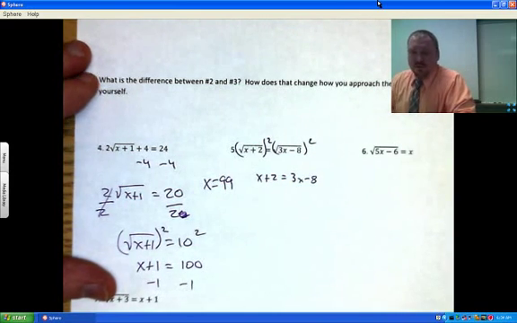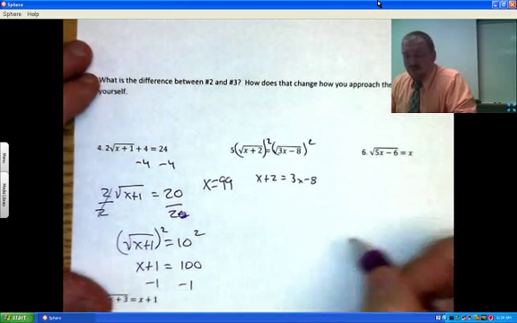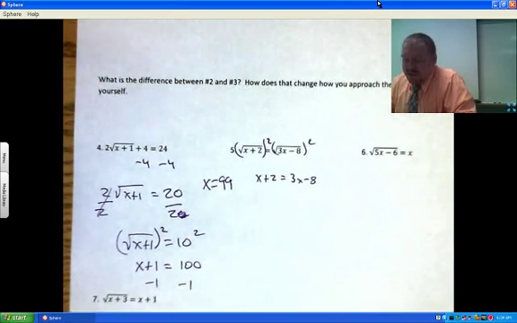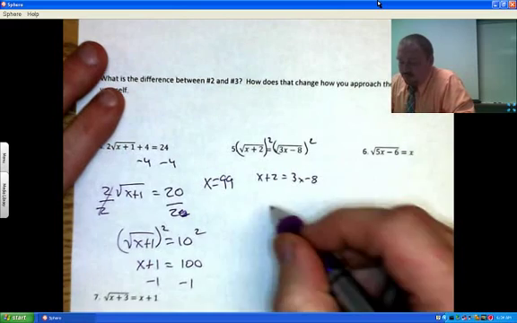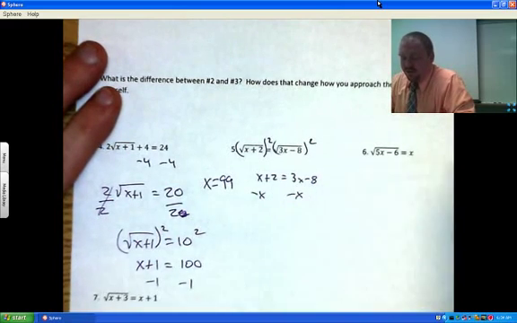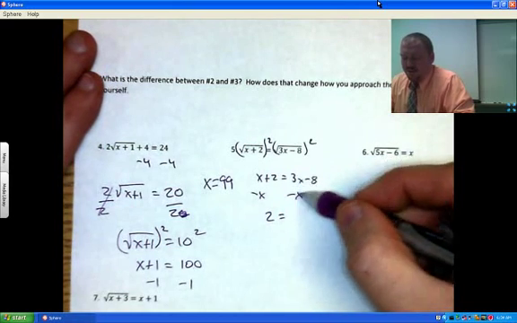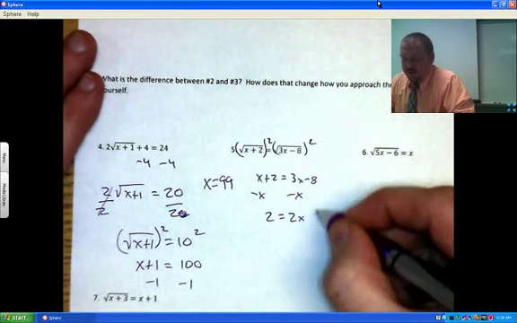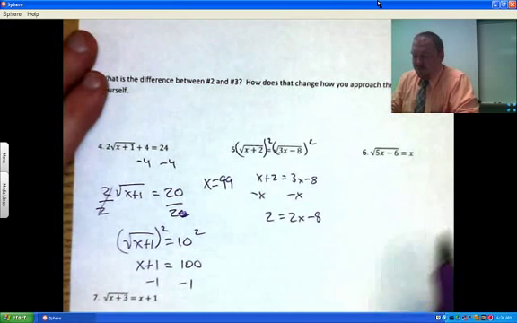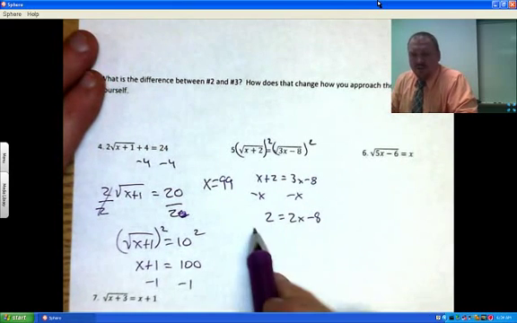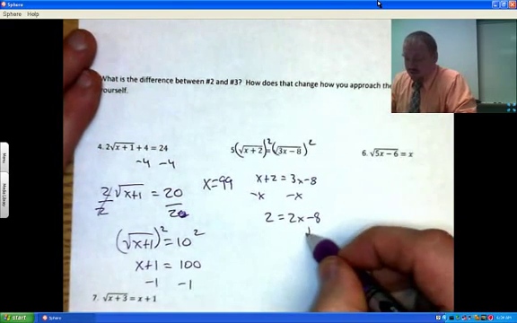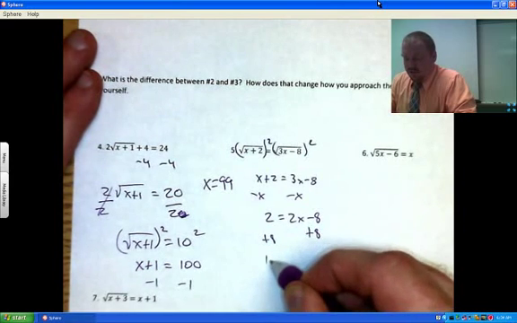So I'm going to subtract x from both sides first. That gives me 2 equals 3x minus 1x, which is 2x, minus 8. So I moved the x's to the right. The regular numbers have to go to the left. So plus 8. 2 plus 8 is 10. That equals 2x. So divide by 2.